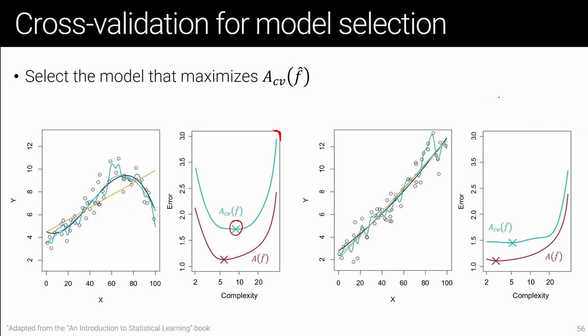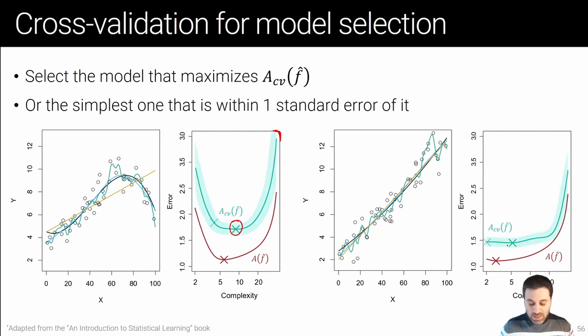In the red example, we have the same thing, different alternatives. How do we choose one? Well, we could plot the line of cross-validation for each of them and just select the one that minimizes the error in cross-validation, which in this case would be a complexity of 5. So we select the model that maximizes the accuracy as we estimated through cross-validation.